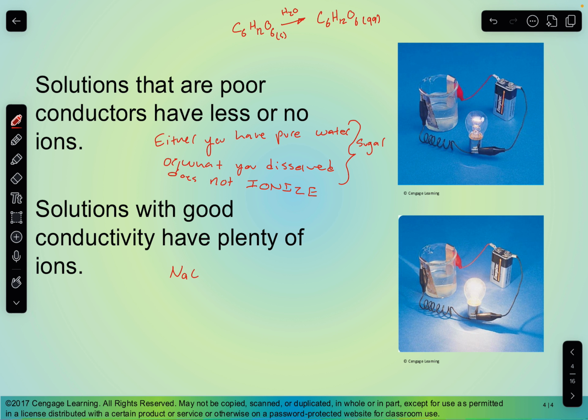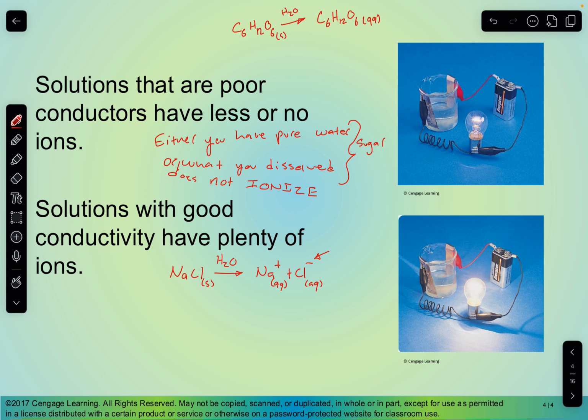So NaCl, doing the exact same reaction, you have H2O, and that gives Na plus and Cl minus. And so this is going to be going from a solid to an aqueous ion and an aqueous ion. So now is when we're going to start paying attention to whether or not things have charges on them.